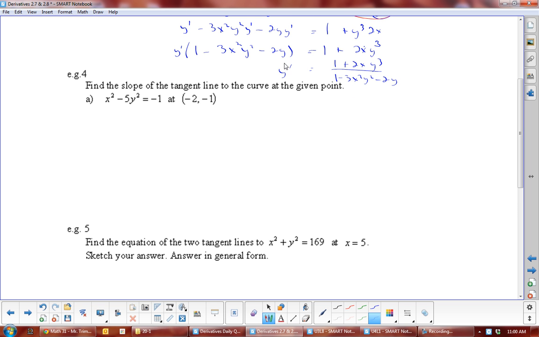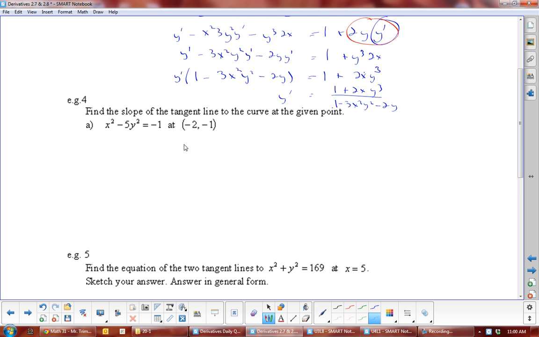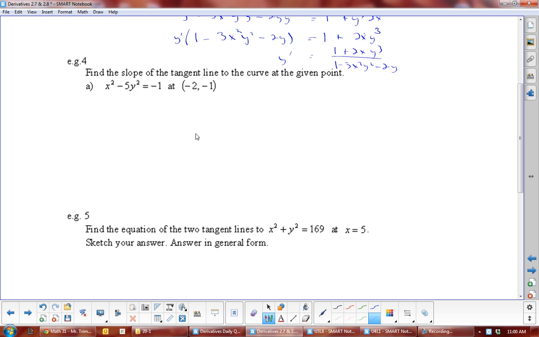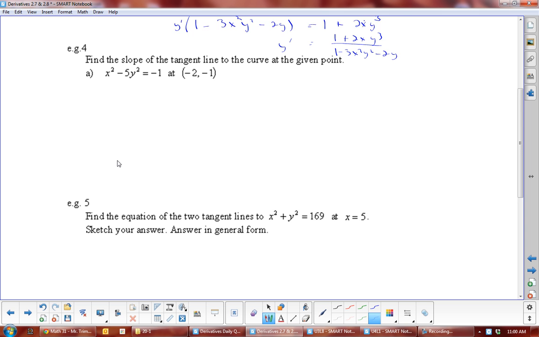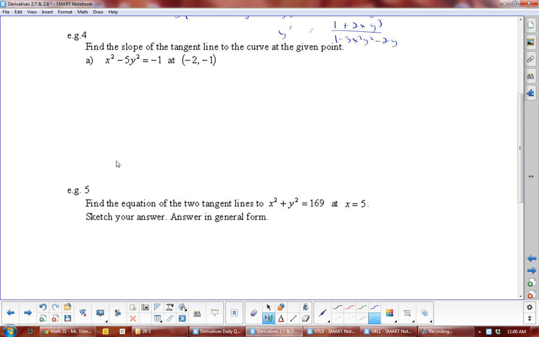So to be able to find the slope, you're going to need both x and y, and they give us it. So this is very hard to actually find because you can't isolate y. This one wouldn't be bad, but when you have y's scattered all over the place, like example 3, it would be hard to find y on your own.